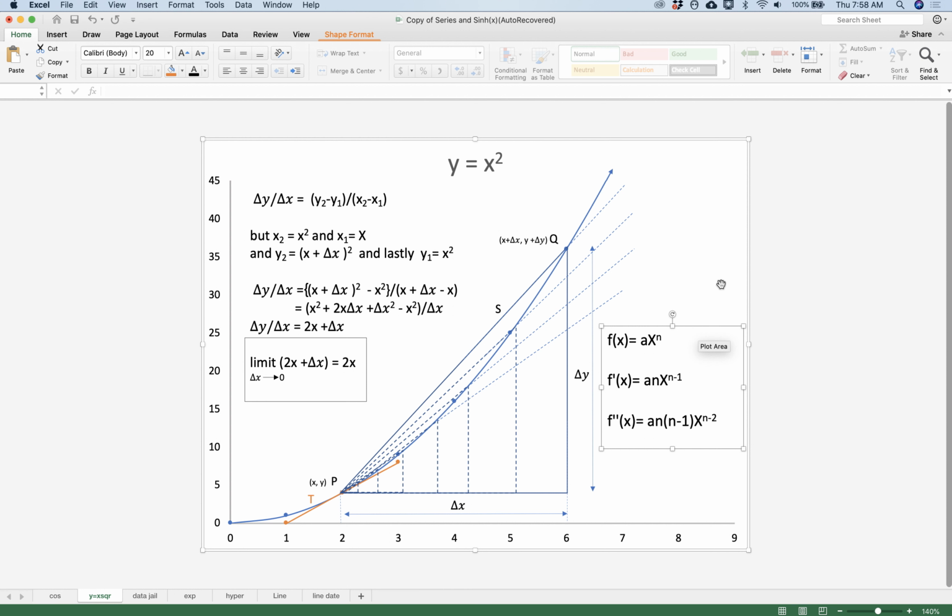Okay, so you get the idea. This is a generalization that we find: when we take any polynomial function, no matter what it is, in this case we took y equals x squared, the derivative will always end up being found according to this rule.